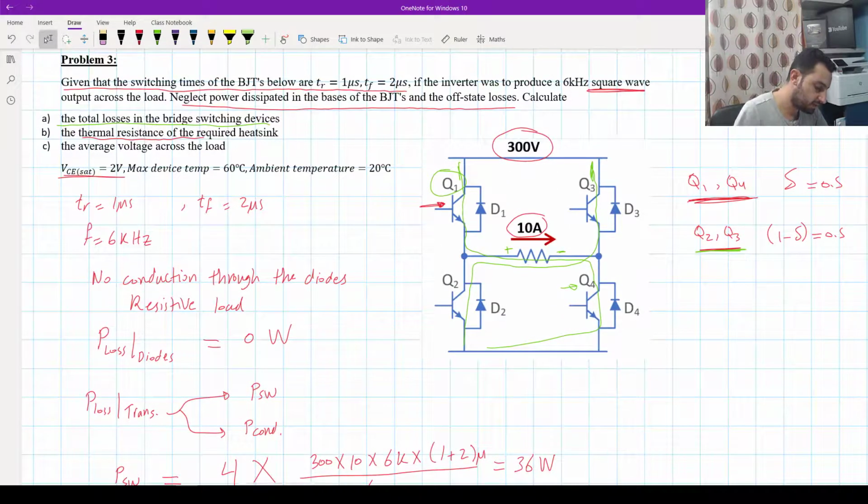It says here the maximum device temperature is 60, so we shouldn't exceed 60, and we have the ambient as 20. Once we try to dissipate that power, the case temperature will increase 21, 22, 23, 24, from the ambient, and we have to limit that to not go to 60.